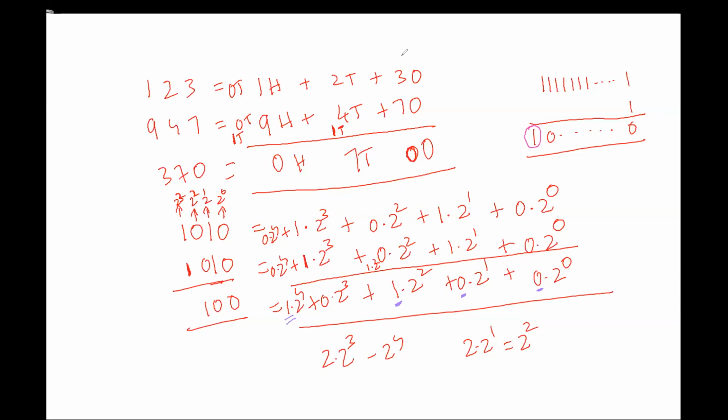Negative overflow, Vaibhav, requires a bit more effort, but I'll still give a quick explanation. Let's say you are working with 4-bit 2's complement representation of numbers.